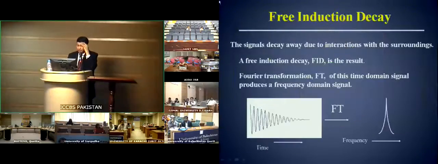This is the process: the free induction decay, which is in time, is converted into frequency by a mathematical process called Fourier transformation. Fourier transformation is a mathematical black box through which you can convert one quantity into another quantity, and it is used in lots of spectrophotometric techniques.